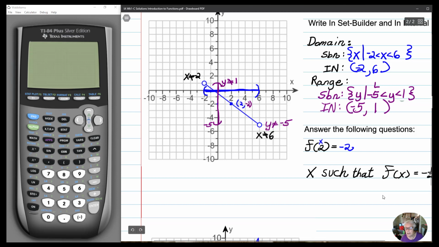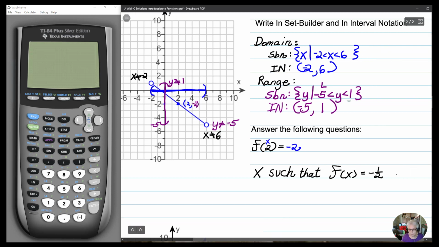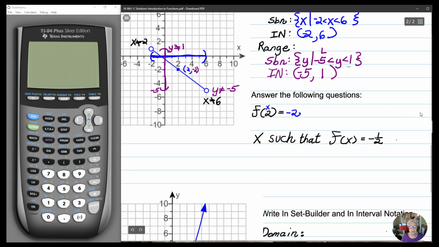Now we can actually go the other way as well. And this is something you did not do in beginning algebra. You did this, but you didn't do this.